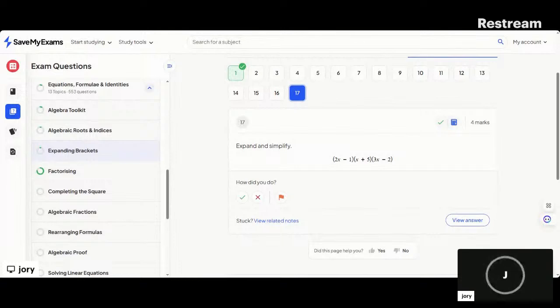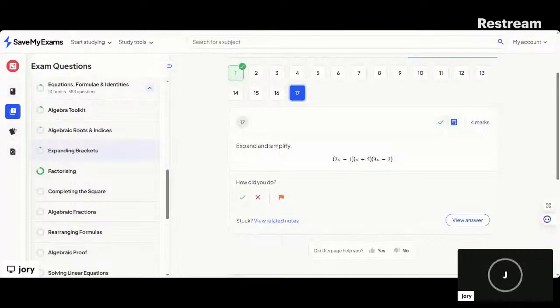2x squared plus 10x minus x minus 5, times 3x minus 2, and simplify, it's going to be 2x squared plus 9x minus 5, times 3x minus 2, and then you're going to multiply again.